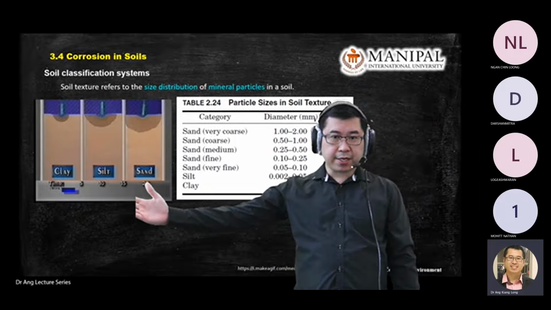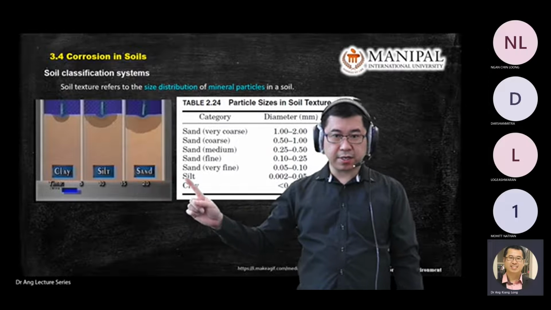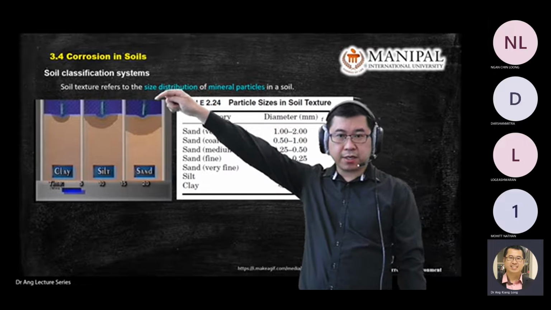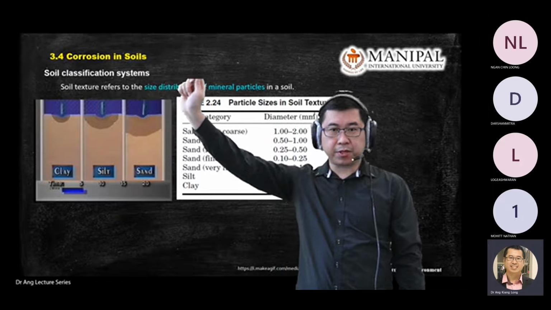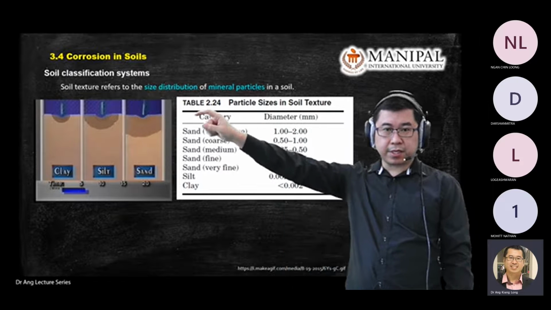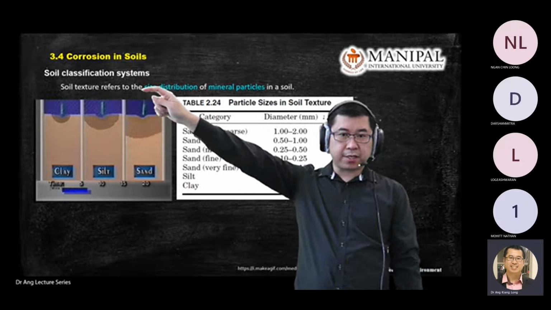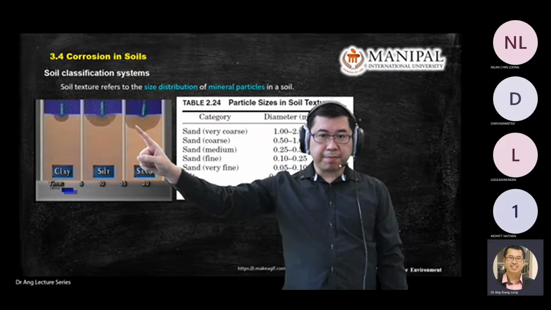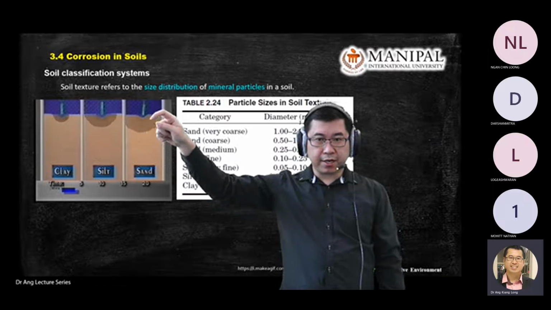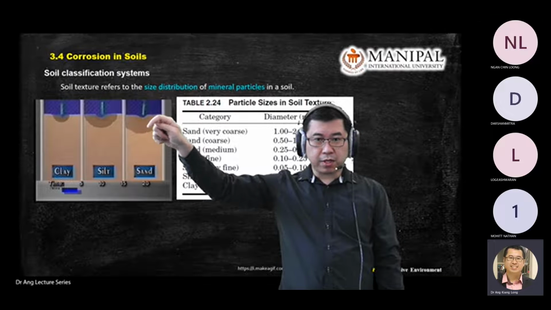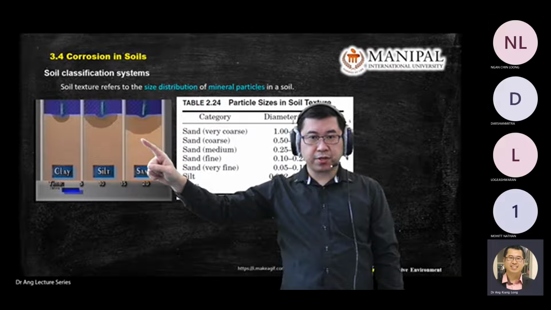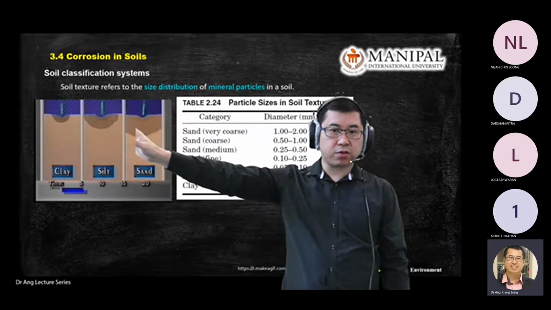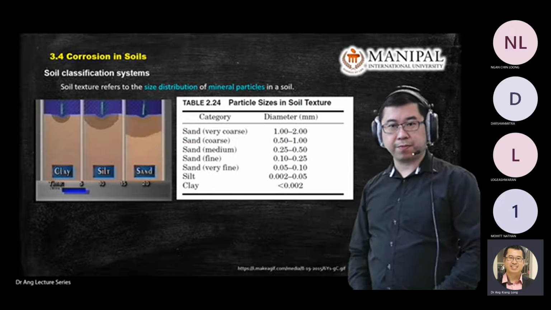So if you compare clay, silt, this one, and sand, and you drop water at the same rate on the surface, you can see that sand can let the water go through very fast. Silt is a little bit slower, but clay tends to hold water at the surface.